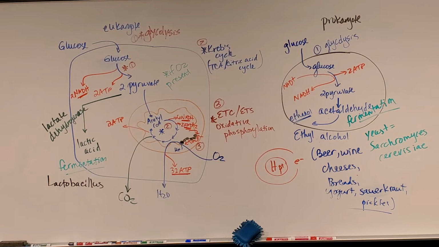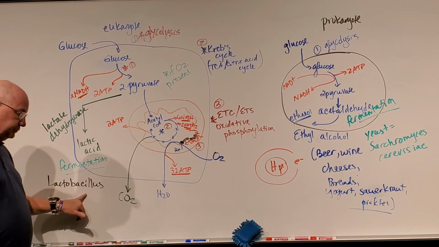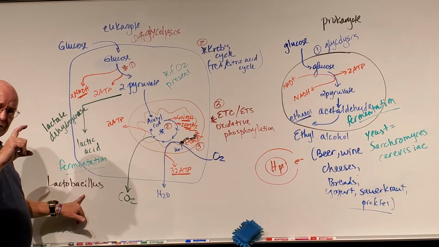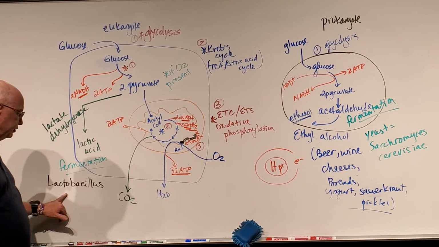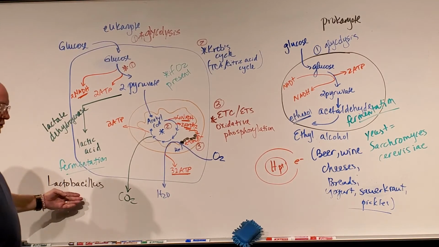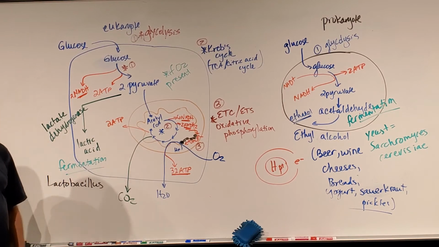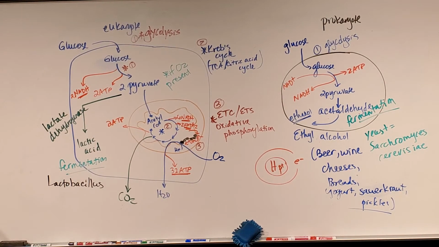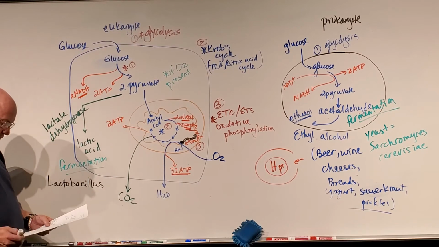Lactobacillus is one of the things that we sometimes call a probiotic. If you look at certain probiotic yogurts, the ones that have live cultures in them, they use lactobacillus. Those lactobacillus are really good for your gut and for the breakdown of certain compounds in our gut, and they're really important in digestive health.